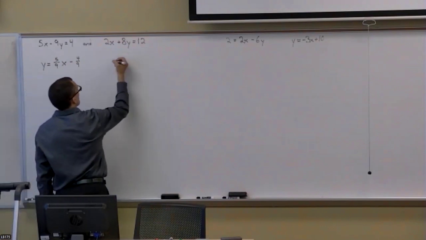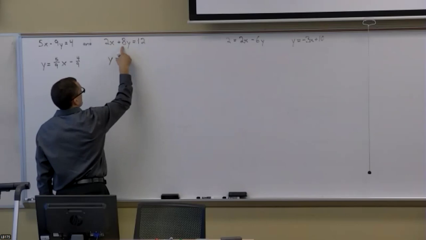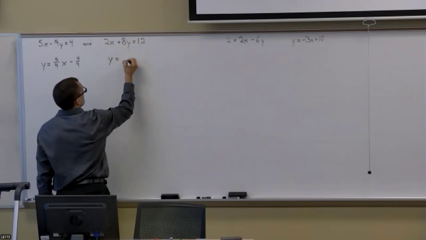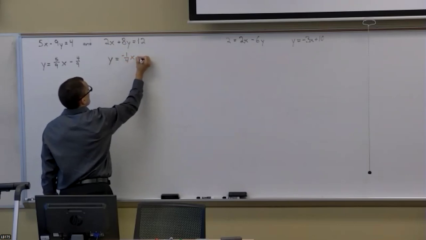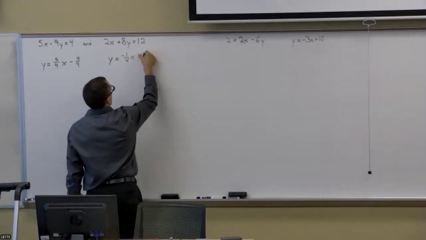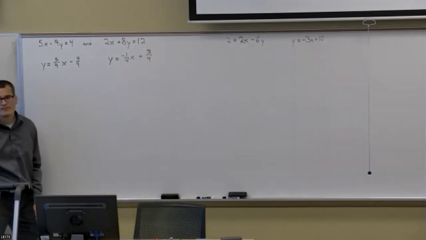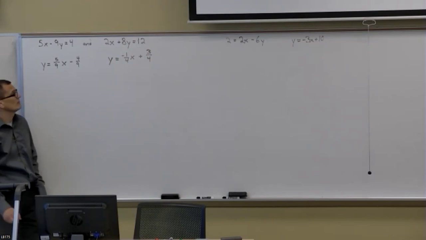Over here, when I solve this, I'd have to subtract 2x and then divide by 8. I'd end up with negative 1/4 times x plus 3/4. I'm sorry.